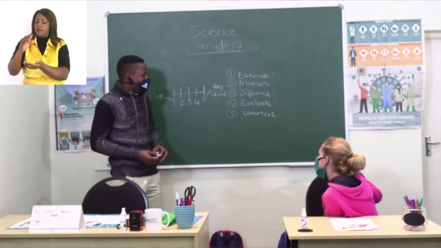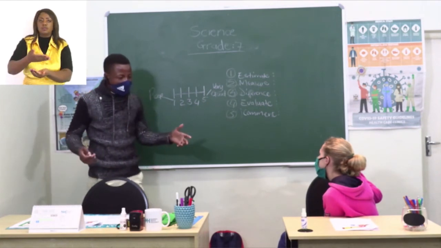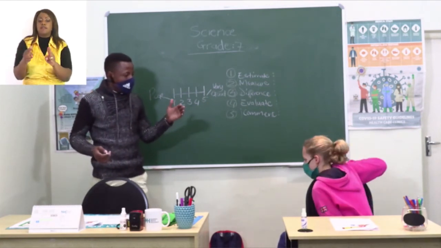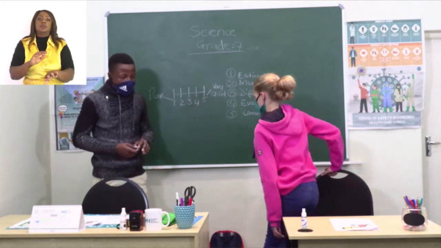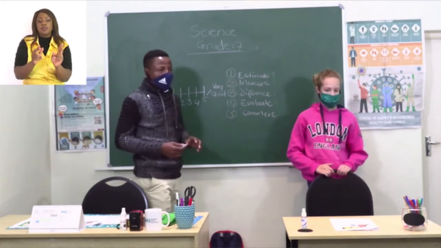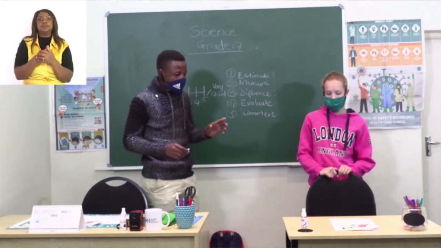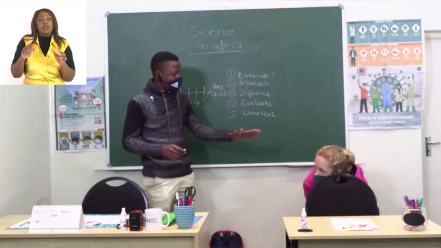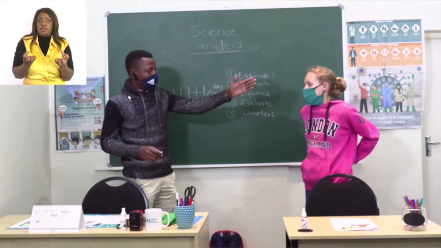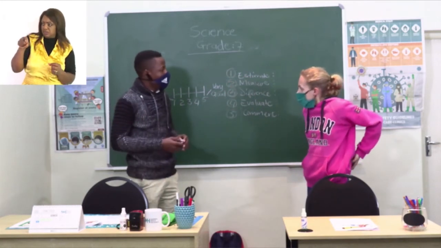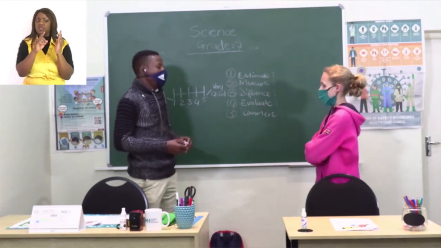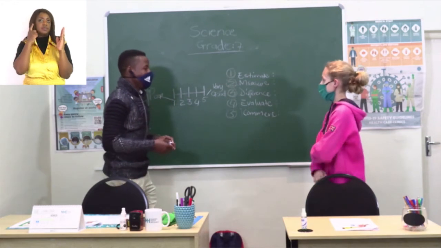So we need to do an experiment here. For the height first, but before we do the measure, I need to do the estimate, which is to look at her height and give a better guess. You just need to stand straight.